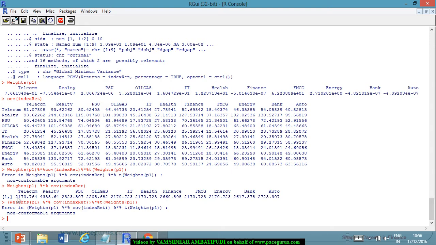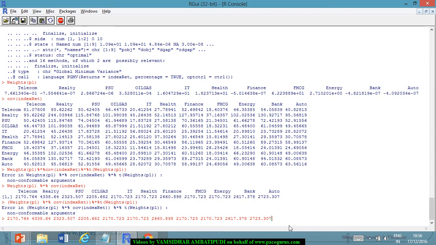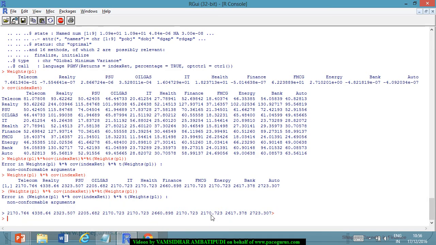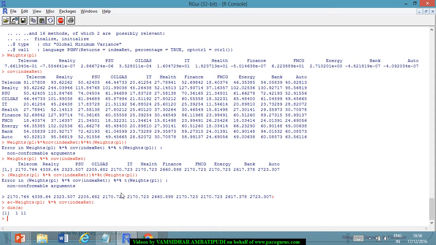Or probably let me directly take the numbers here. Otherwise, let me do one thing. Let me call these weights by a variable A. If you look at the dimensions of A, it is 1 row and 11 columns.